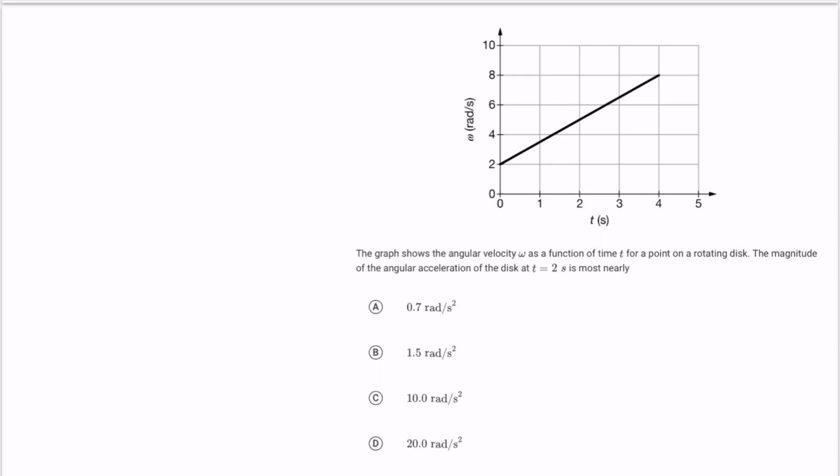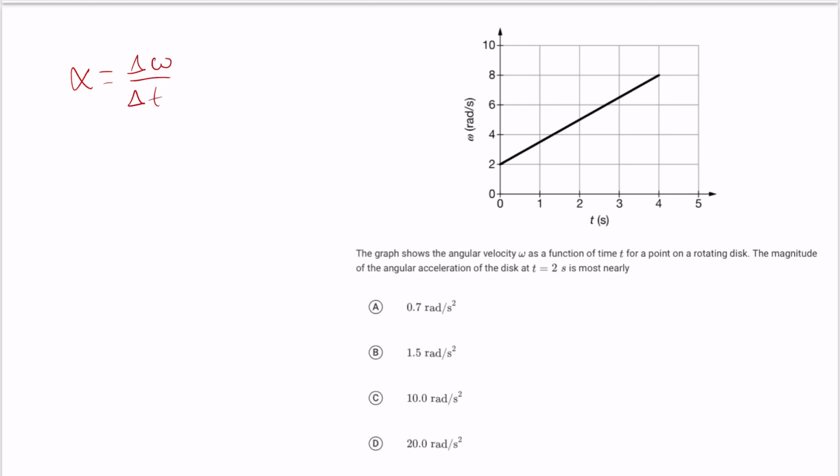One thing when I look at this graph is that I know that from the time 0 to 4, the magnitude of angular acceleration should be the same, because velocity versus time gives us angular acceleration when we take the slope of that graph. Angular acceleration is just defined as change in angular velocity over change in time.